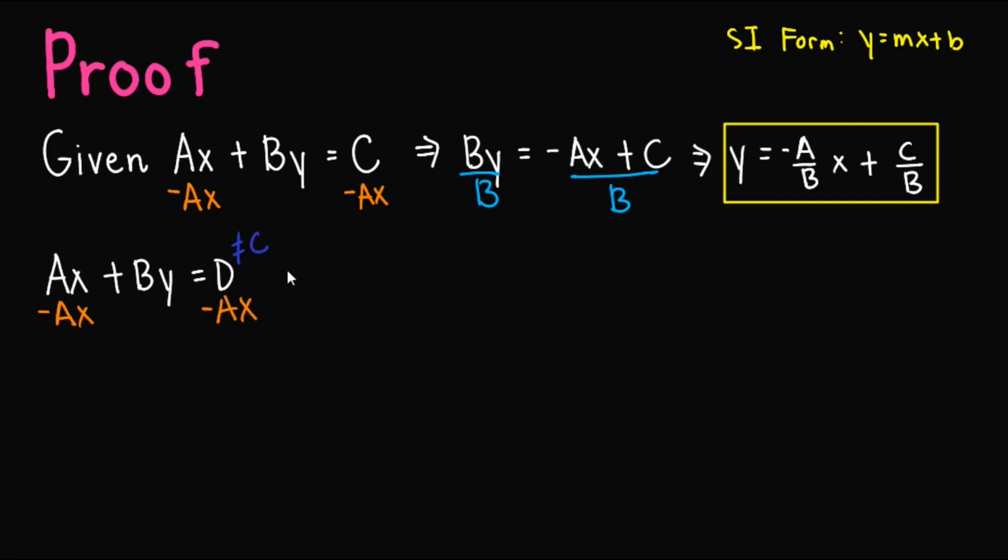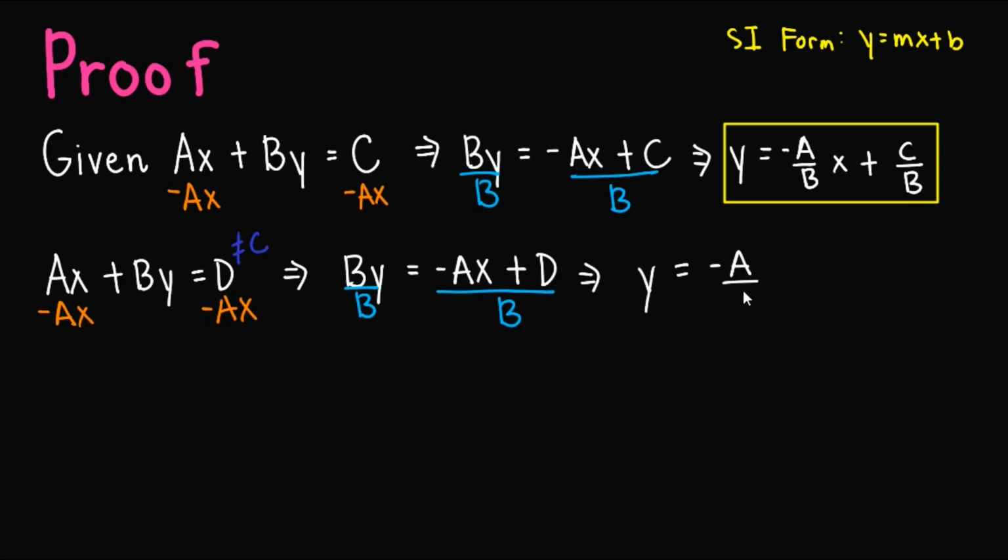This would give us by equals negative ax plus d. Then we divide both sides by b, and this would give us y equals negative a over b x plus d over b. Let's compare this to our given equation.